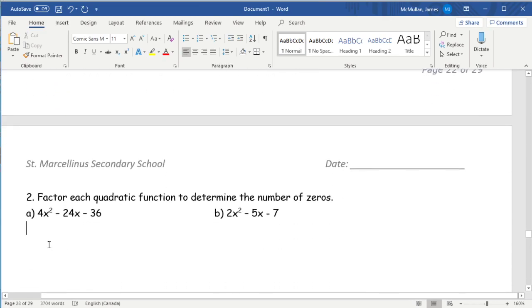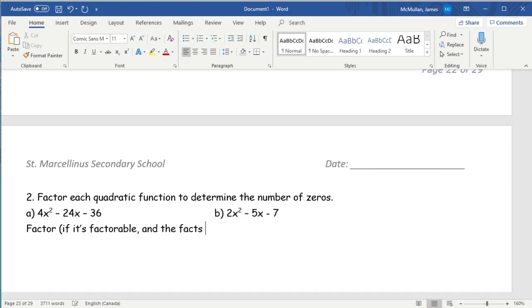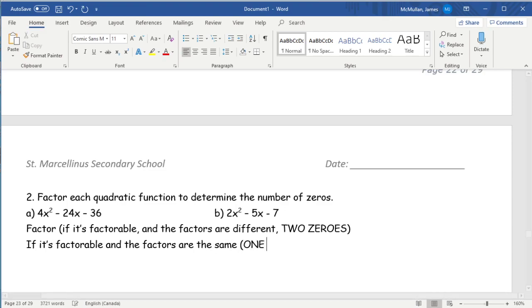So what we're going to do here is factor. If it's factorable and the factors are different, you have 2 zeros. If it's factorable and the factors are the same, there's 1 zero.